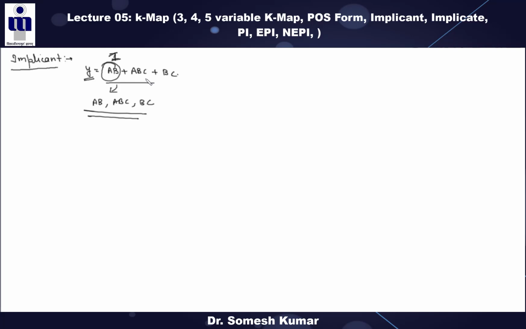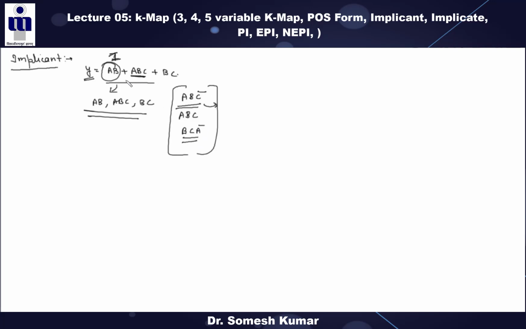Minterms are those terms which contain all the variables, right? Here AB is not a minterm. Here ABC is a minterm. If we are representing ABC bar, then we can say this is a minterm. If we say BC A bar, this is a minterm, right?